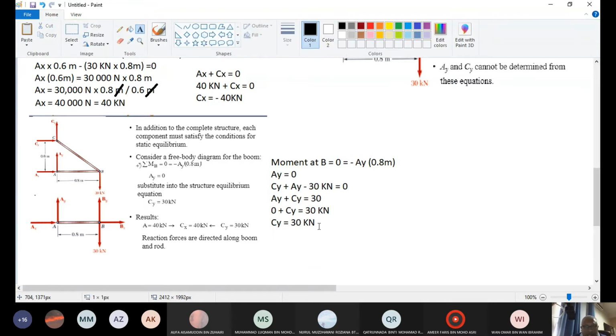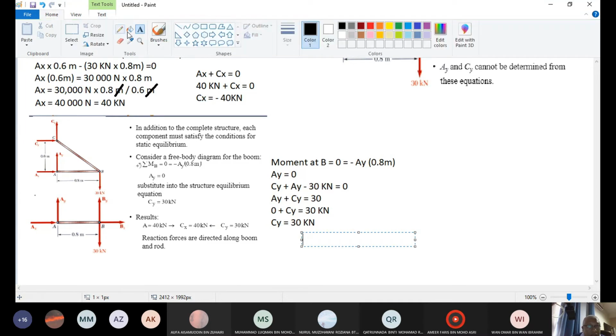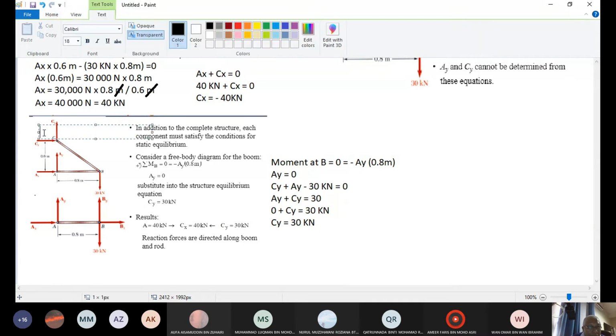Now what we are trying to understand here is, A here is 40. C is 40. CX here is 40. So this force here is 40.